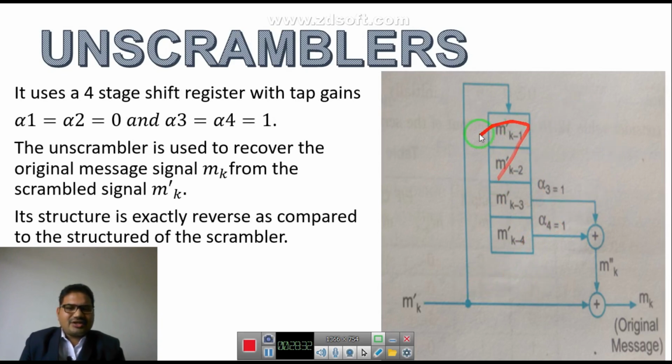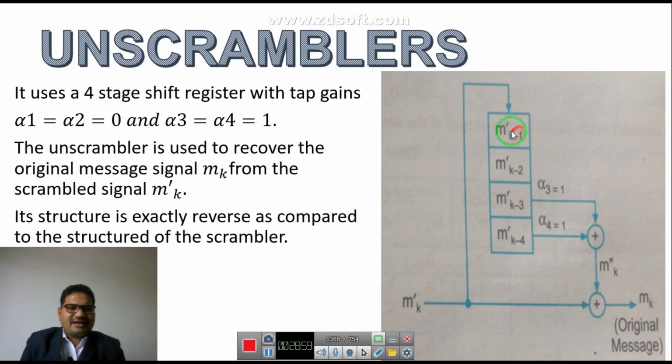Its structure is exactly the reverse of the structure of your scrambler. Again you can see on this screen that there is also a 4-stage shift register, 1, 2, 3 and 4, with tap gains denoted by alpha 1, alpha 2, alpha 3, alpha 4.